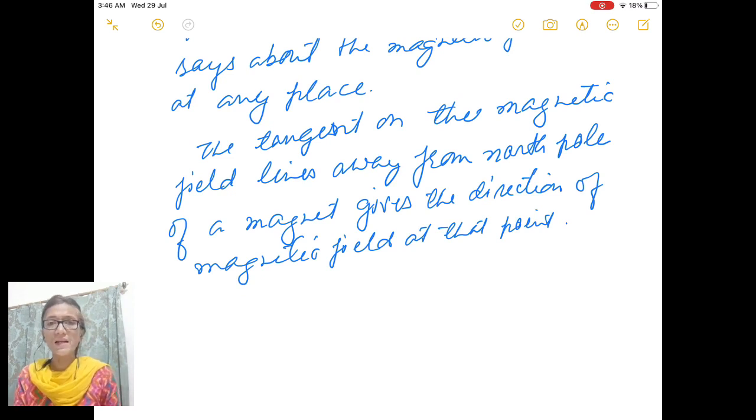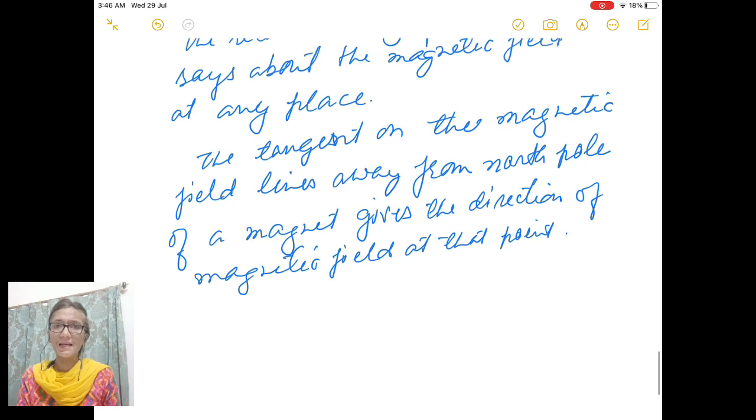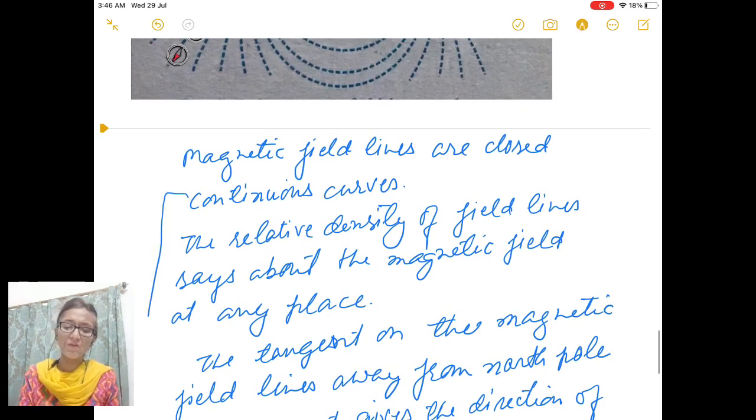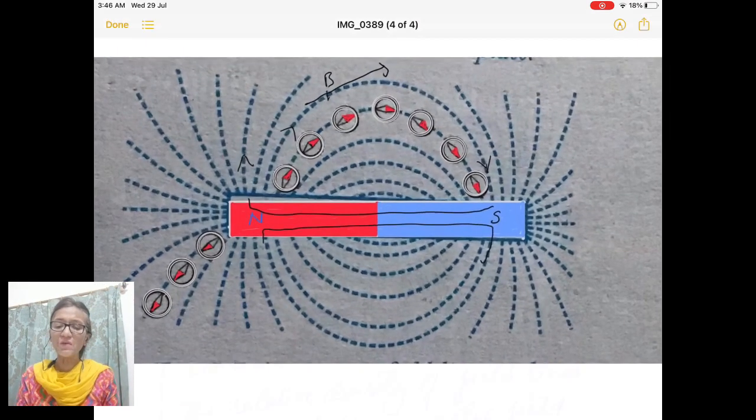Your magnetic field is a vector quantity, so it has magnitude and it has direction, and both are given by magnetic field lines. It gives the magnitude of the magnetic field by the relative density of the field lines.